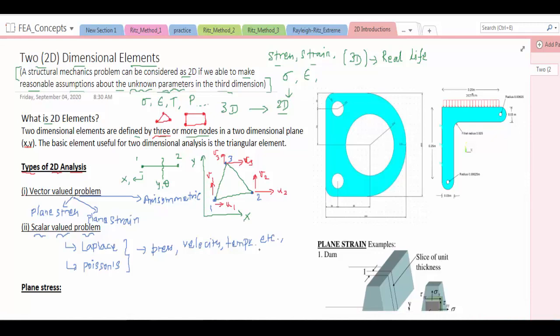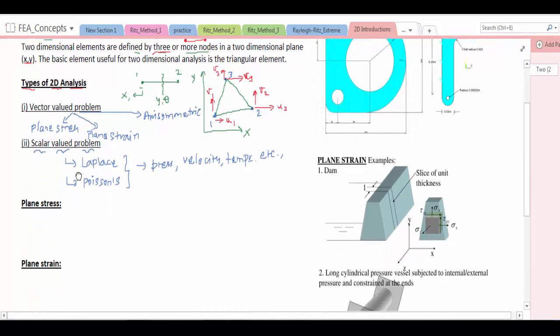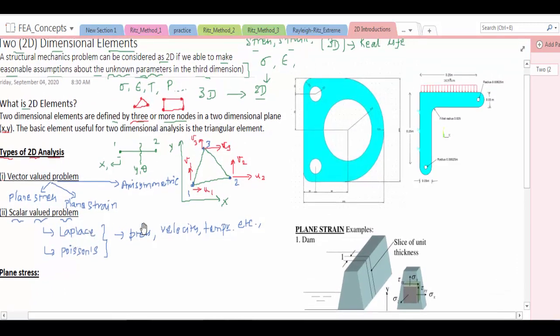Okay, so now let us look at what we mean by plane stress analysis. Consider this as one of the examples for plane stress. These two are examples for plane stress. This is example number 1 and this is example number 2. In real life problems, this is assumed as a bracket.